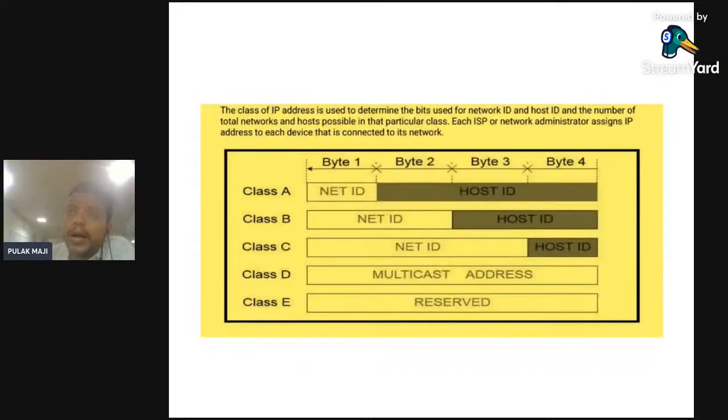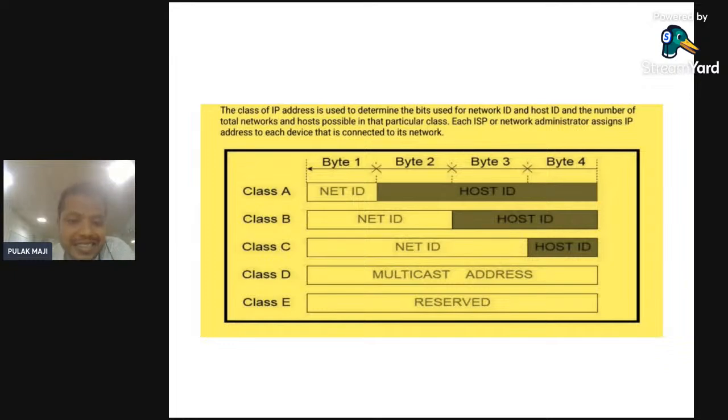Now, what do network ID and host ID mean? For class A, how many IP addresses are there? Total 2 to the power 32. So for class A, a total of 32 bits is there. Among these 32 bits, how many bits are reserved for the network ID and how many for the host ID?